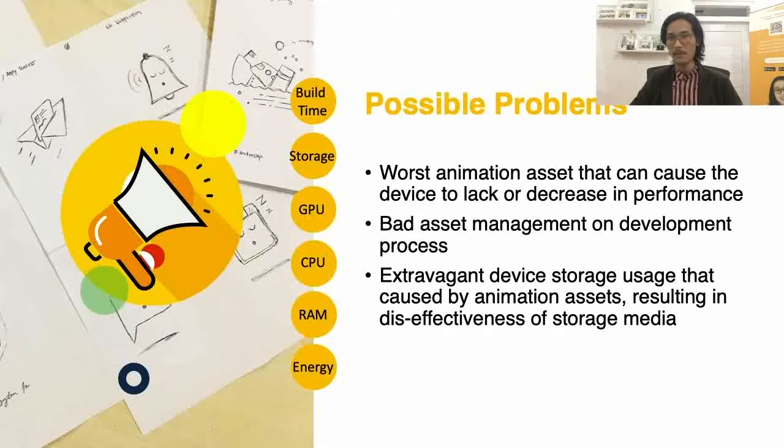The possible problems: first, bad animation assets that can cause the device to lag or decrease in performance. Second, bad asset management in the development process makes storage ineffective. And third, extravagant device storage usage caused by animation assets, resulting in ineffectiveness of storage media.